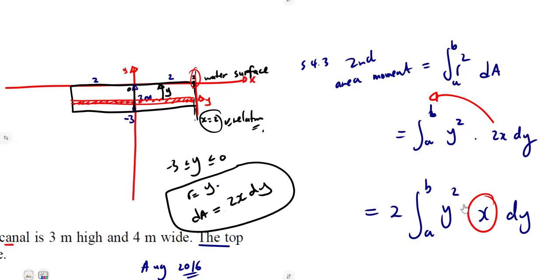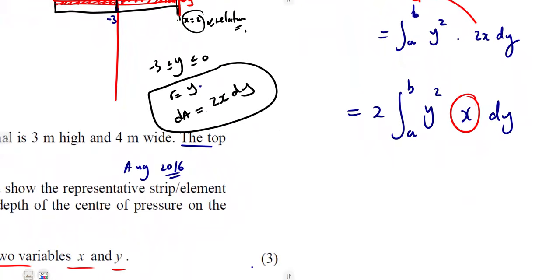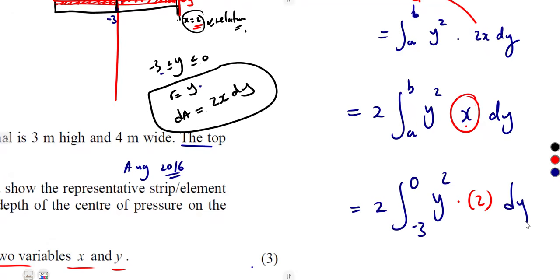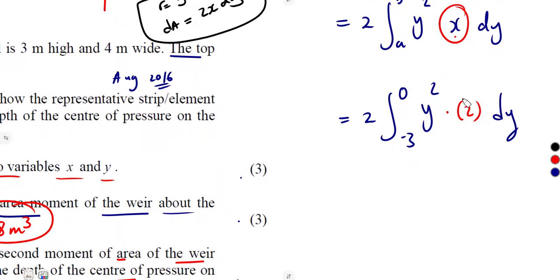Otherwise, there is no need for that. You can even just take out the constant later on. Our limits -3 to 0, y squared. What is our x? Remember, our x is 2. So we are going to take out the 2. We can even integrate here, no problem, or you can just take out that 2 for formality.